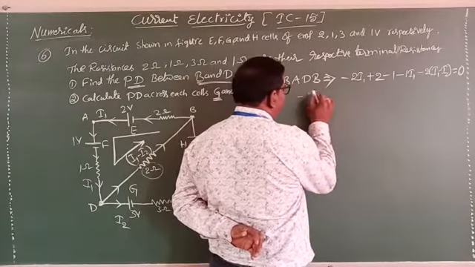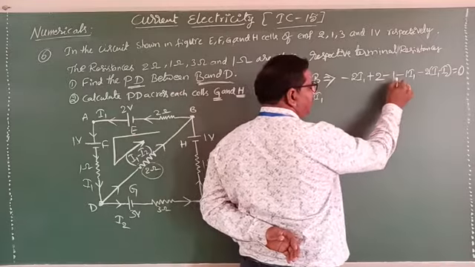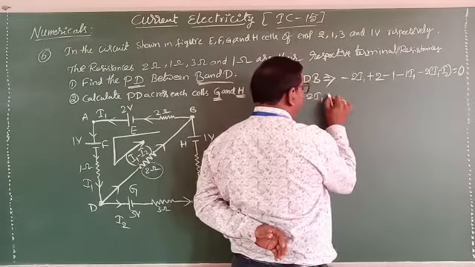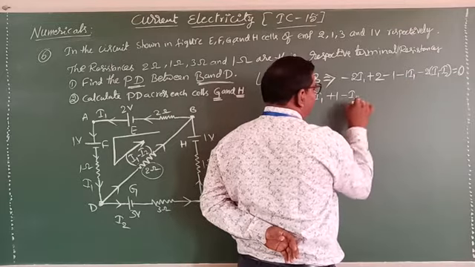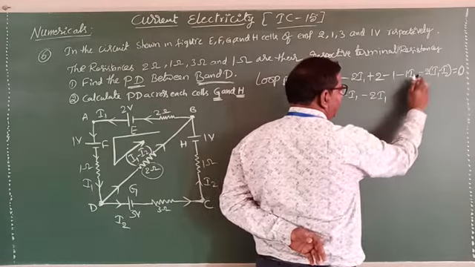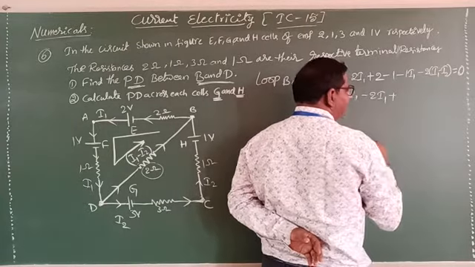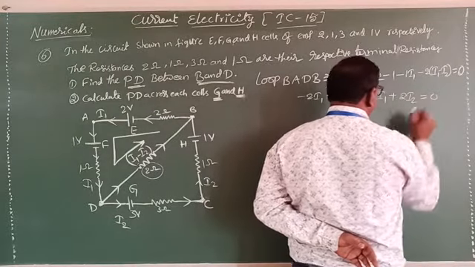Minus 2I1, here plus 2, here minus 1. How much is it? So plus 1, here minus I1, here minus 2I1, here minus into minus, it will become plus 2I2, that equals 0.